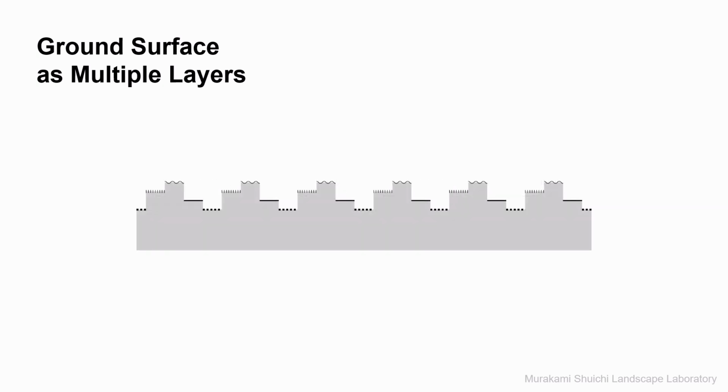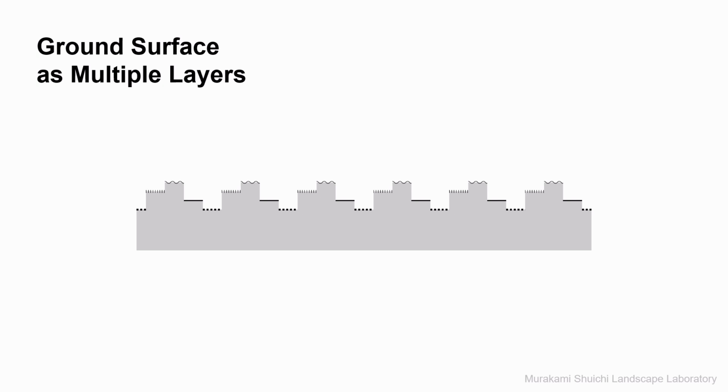And what about this? From top to bottom, the first, second, third, and fourth layers of ground are each distinguished by different line types. The first, second, third, and fourth layers each exist as separate surfaces. In other words, we can also imagine a four-layer ground.